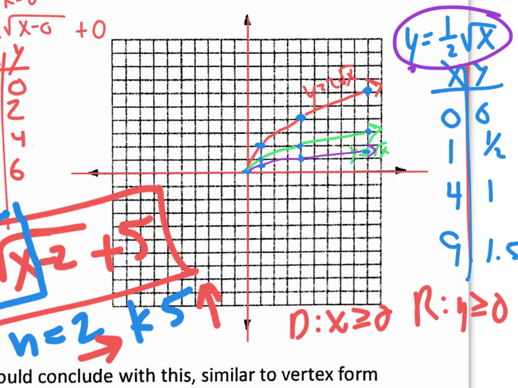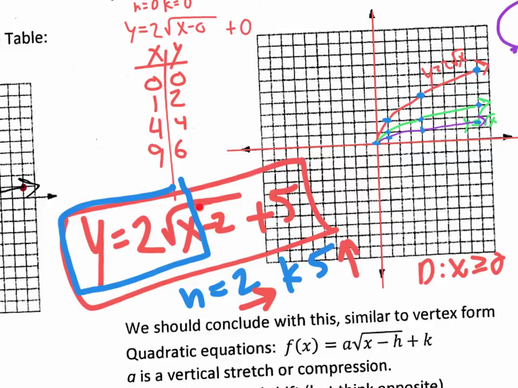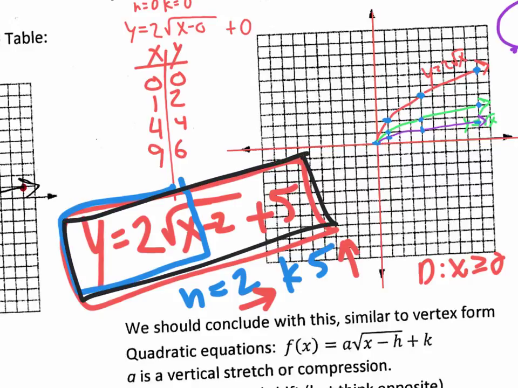Now, on the other hand, this last one that I just said, let's pretend that it had an h and k shift, right? 2 and 5. Do I really have to graph this whole thing and shift the whole thing to be able to state the domain and range of this guy? No. If I know my h and k, which I do, here's my h, here's my k, now I know how it looks and I know where it begins, so I should be able to state the domain and range.